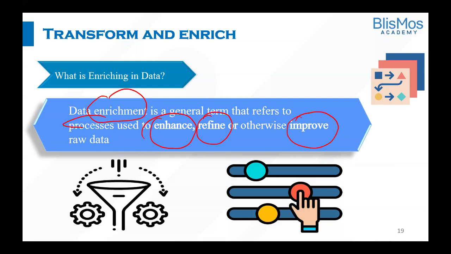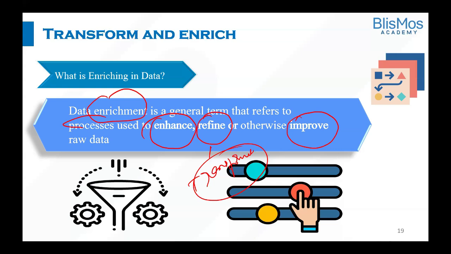I was trying to divert your attention. We can also say refining, but refining on top of the transformation. That is what enrichment is. You take data which is already transformed, you further enhance the data, you further improve the data.